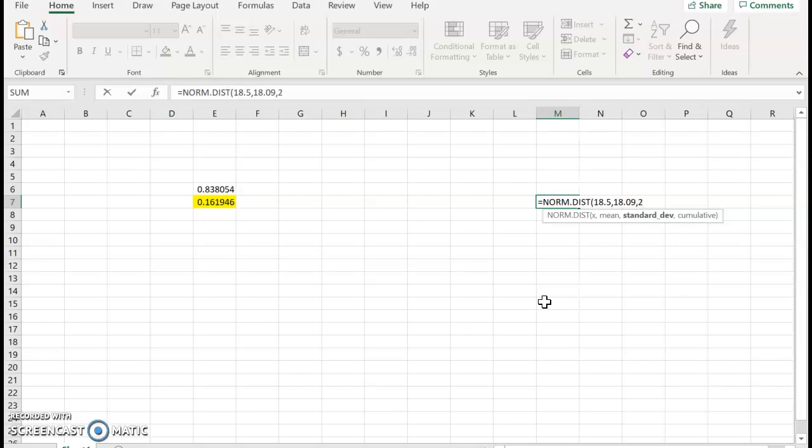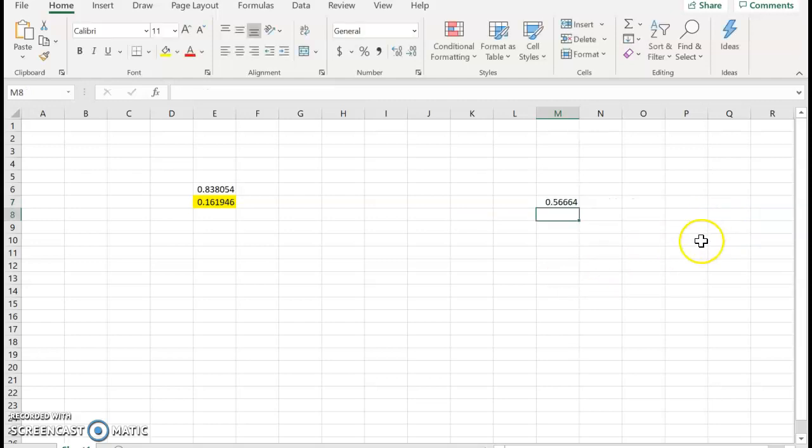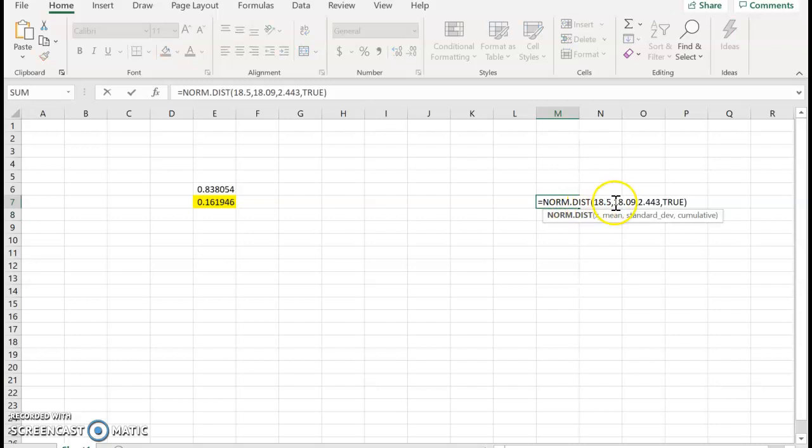The standard deviation is 2.443, and then cumulative. All right, there's that number. Let me make sure I put this in right: 18.5, 18.09, 2.443, and true.